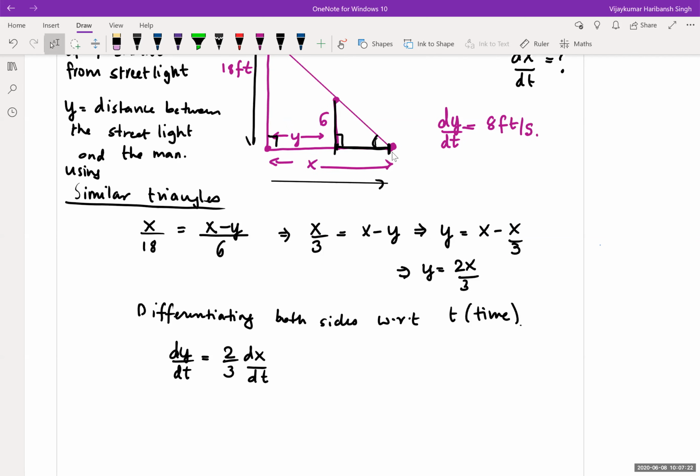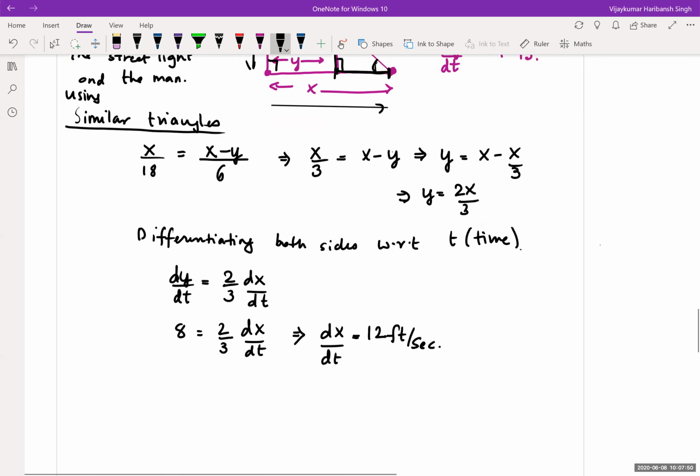From this equation, you can see that this is going to be 8 equals 2 by 3 times dx by dt. When you multiply by 3 and divide by 2 on the other side, you will get dx by dt is 12 feet per second.